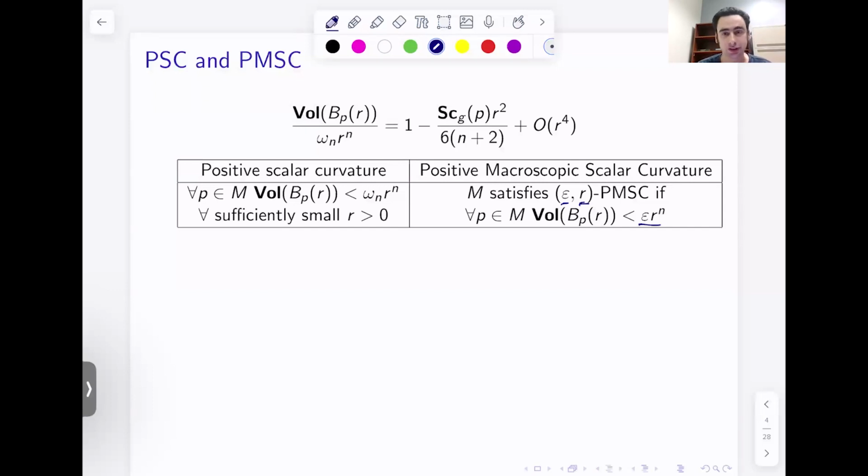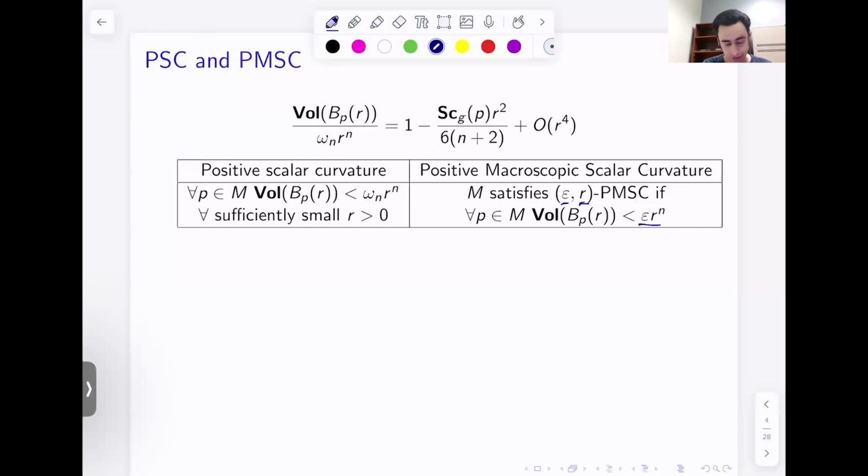Because of this analogy, we can call this positive macroscopic scalar curvature. It seems like a rather naive, simple characterization, and it doesn't have to apply to a manifold. We could use it, for example, for a metric space with volume replaced by Hausdorff measure.